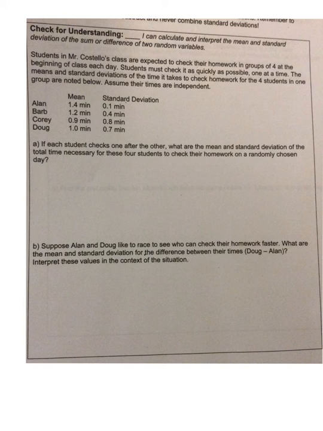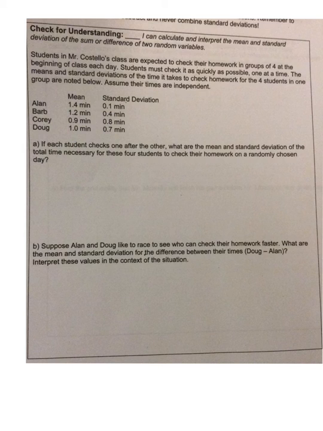This one doesn't seem so bad. Let's see. You have all of these groups going up to check their homework, and you say, well, what's the combined time, right? So here are the average times for all of these different groups of 4, and the standard deviation. So if we combine them, all we have to do is add the means together, okay?